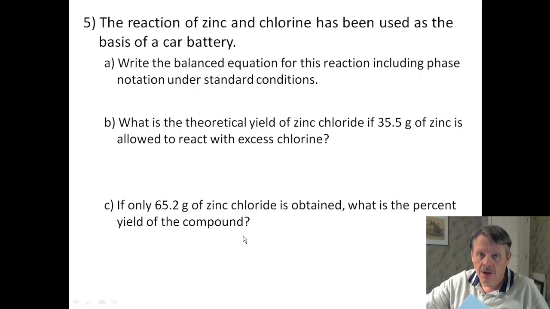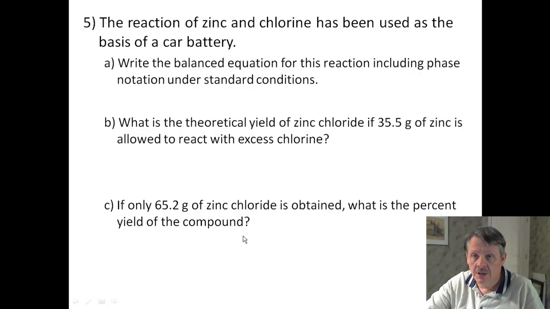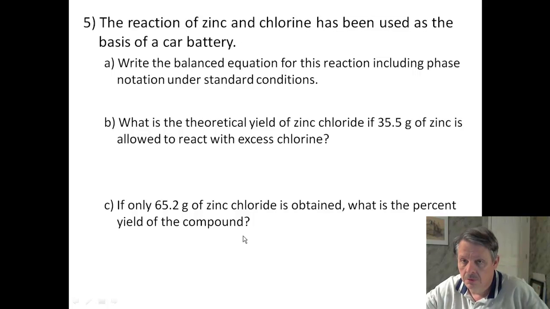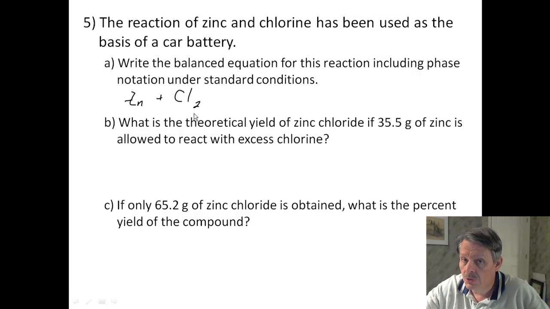Number 5, we have a reaction of zinc and chlorine, and it's been used as the basis of a car battery. So zinc and chlorine are reacting. Well, if we only have zinc and only have chlorine gas, what's going to happen to them?